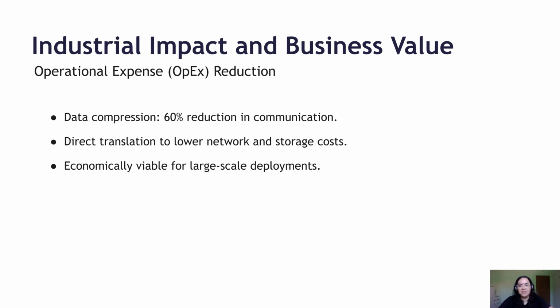At scale, this 60% reduction translates directly to lower network infrastructure costs, you need less bandwidth capacity, lower storage costs, you need fewer storage arrays, and lower operational costs, less time spent managing network congestion and storage expansion. The solution becomes economically viable for large-scale deployments, specifically because we've eliminated the data transfer bottleneck.